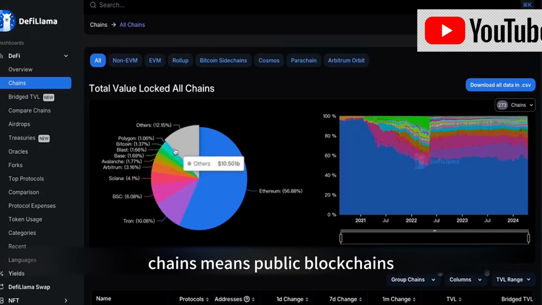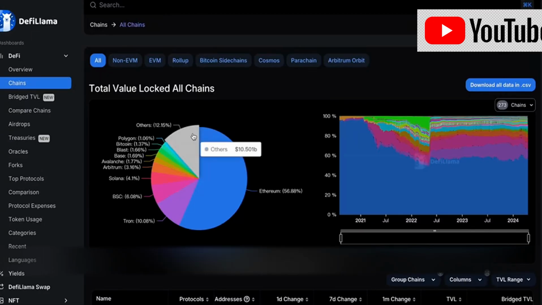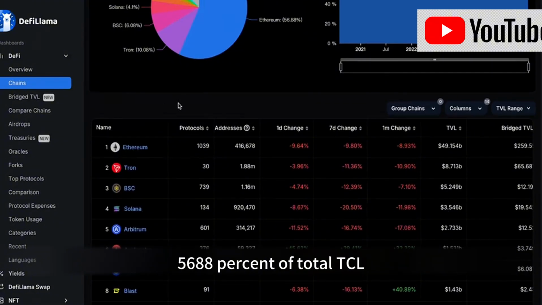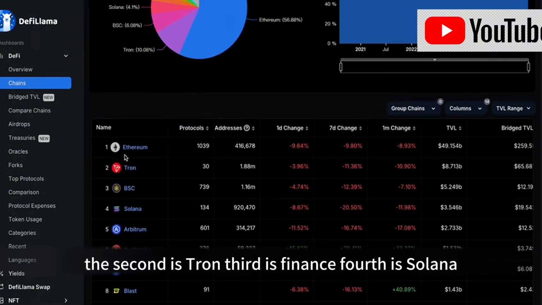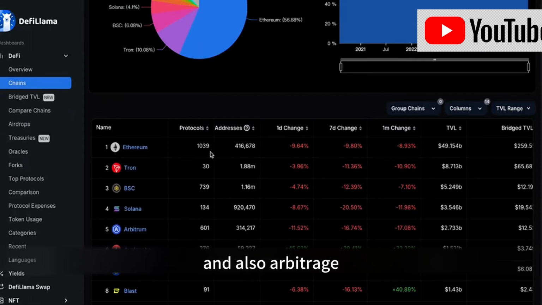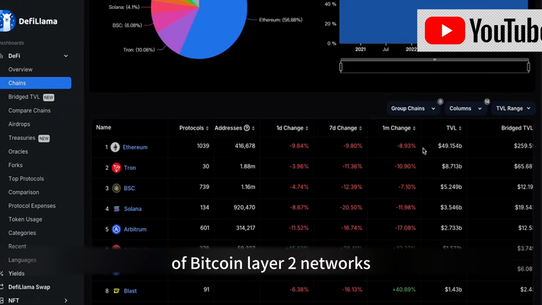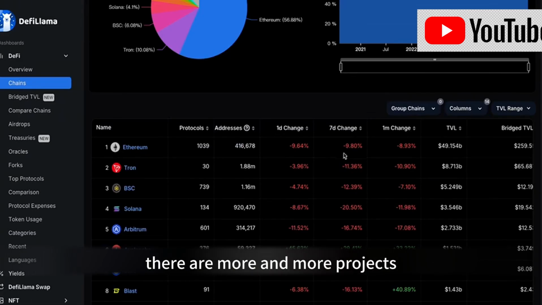Chains means public blockchains. We can also see that. Currently, Ethereum accounts for 56.88% of total TVL. The second is Tron, third is Binance, fourth is Solana, and also Arbitrum. Now, Bitcoin's TVL is also increasing because with the emergence of Bitcoin Layer 2 networks, there are more and more projects.